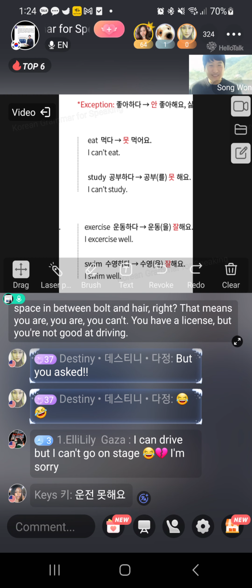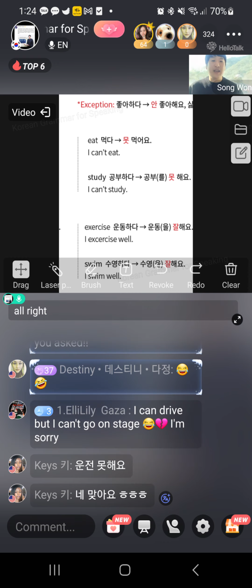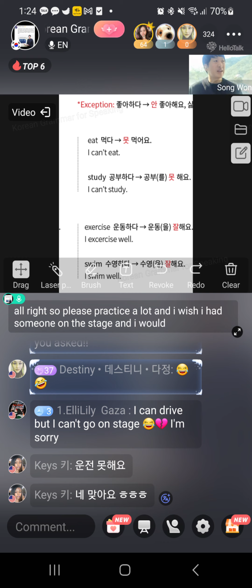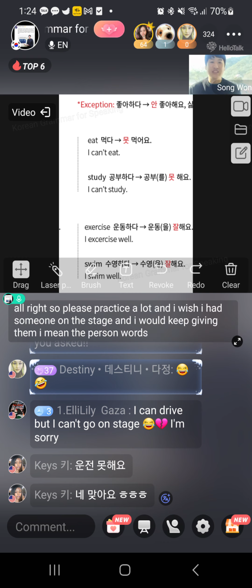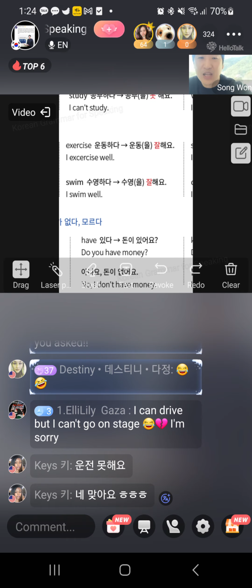Got it? Alright. So please practice a lot. And I wish I had someone on the stage and I would keep giving the person 10, 20 words and just make them put this word, but maybe next time.